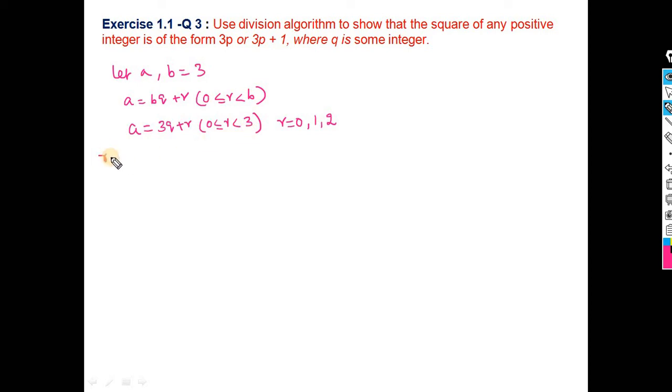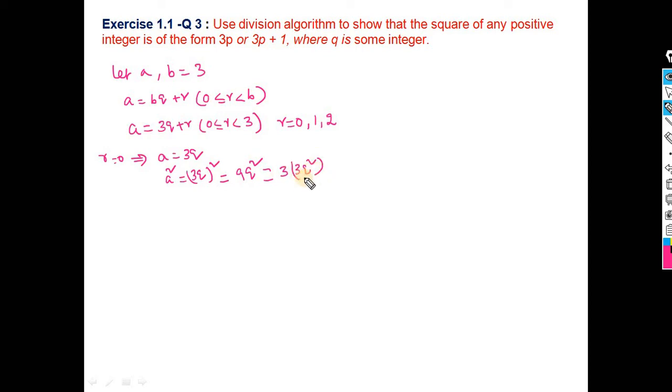Now if r is equal to 0, a is equal to 3q. When I square this number, a square is equal to 3q whole square, which is 9q square. This can also be written as 3 into 3q square.